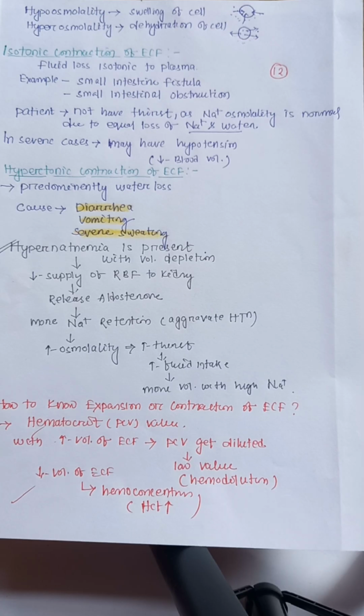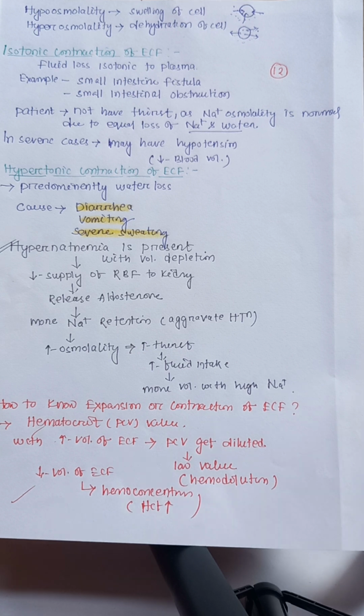So in contraction with water loss, water is predominantly lost and sodium is retained, so there will be hypernatremia. With volume depletion, there will be decreased blood supply to the kidney.